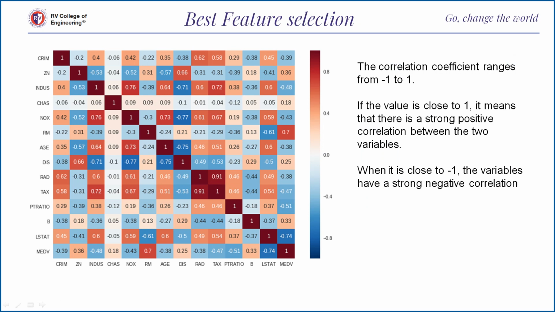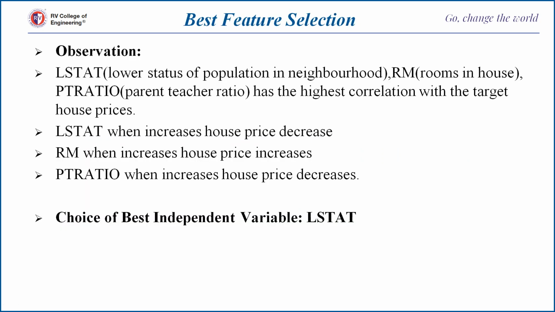The correlation coefficient ranges from -1 to 1. If the value is close to +1, it means that there is a strong positive correlation between the two variables. When it is close to -1, the variables have a strong negative correlation. From here we see LSTAT is highly negatively correlated with the house price, -0.74, and number of rooms is highly positively correlated with the house prices, 0.7.